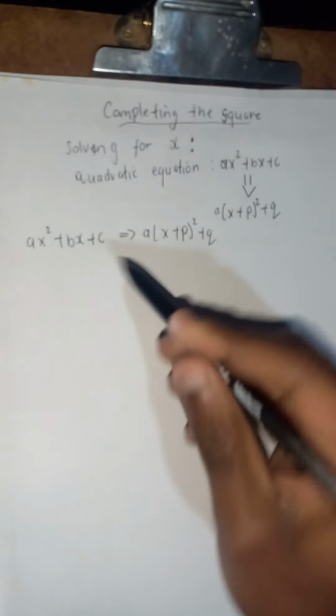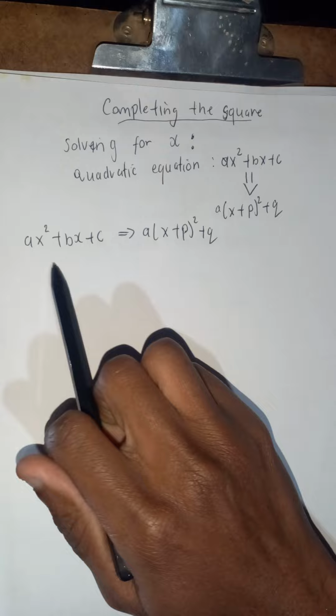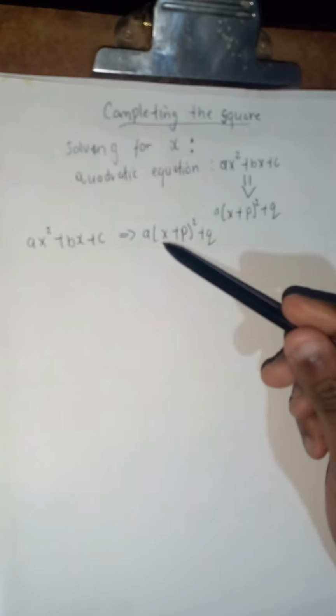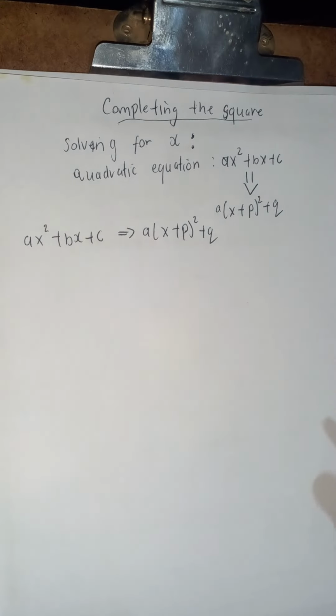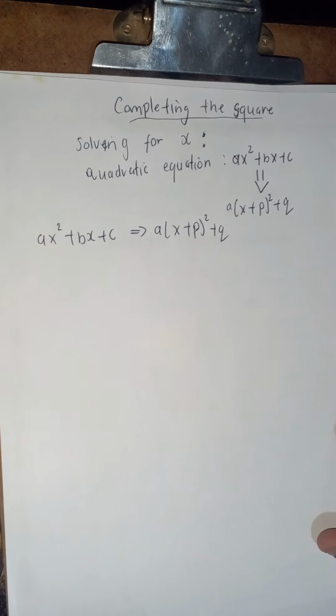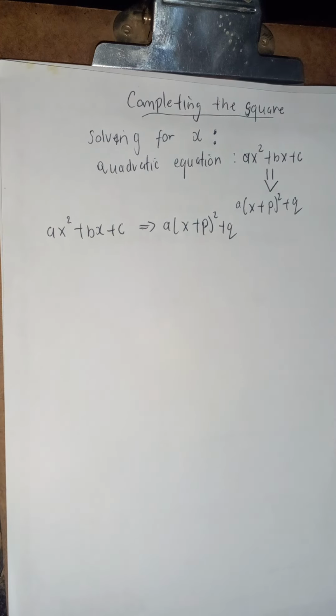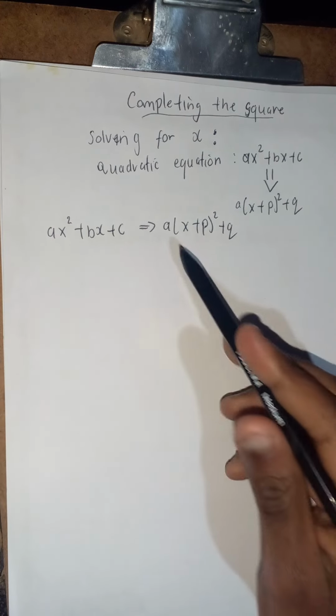I forgot the a here. So since we know that we want to change a quadratic equation from this form to this form, what are the necessary steps that you must follow to change it into this form?